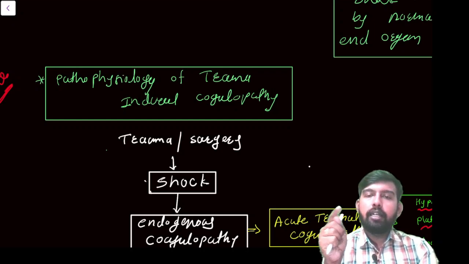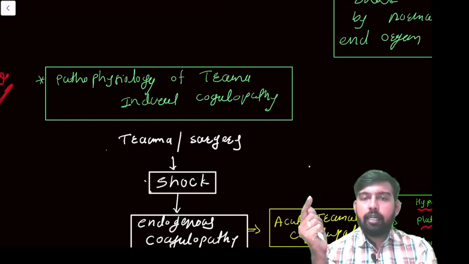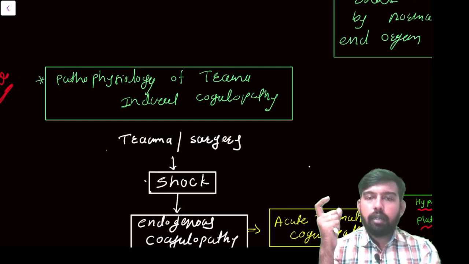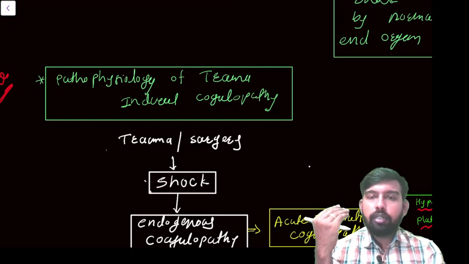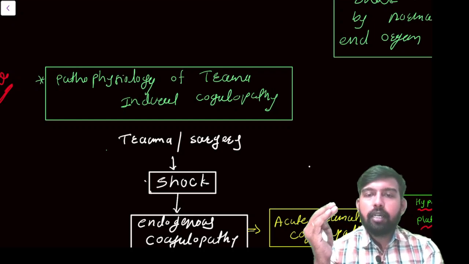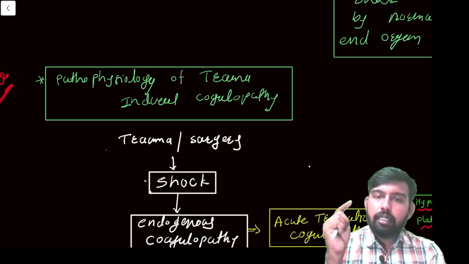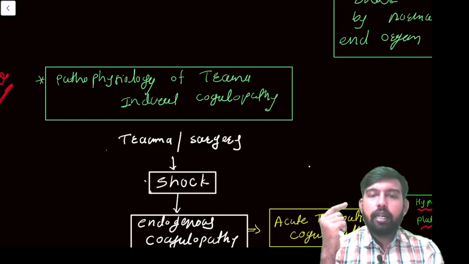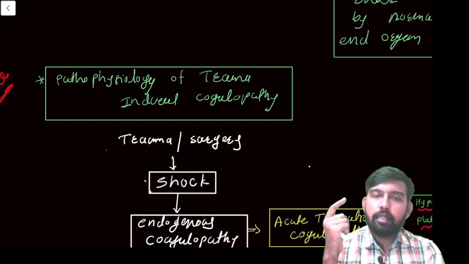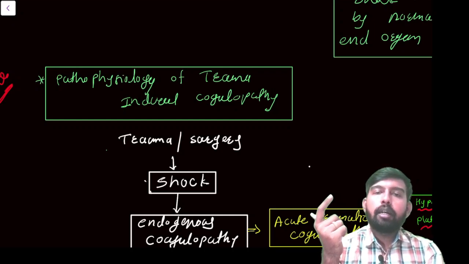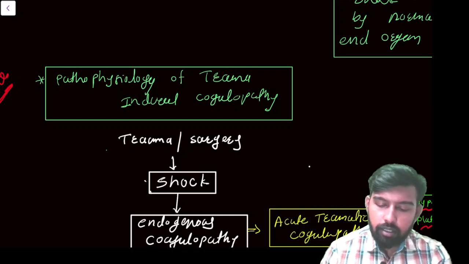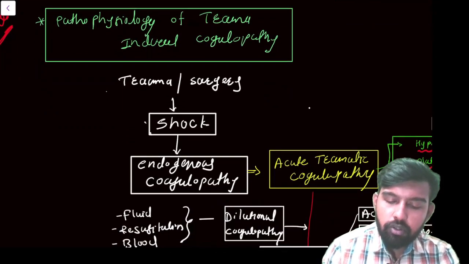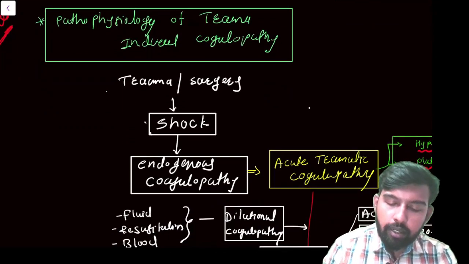The trauma will lead to metabolic alteration due to the release of cytokines in the body, as well as the shock causes endogenous coagulopathy, which will result in the trauma induced coagulopathy. So let's see the pathophysiology of trauma induced coagulopathy.